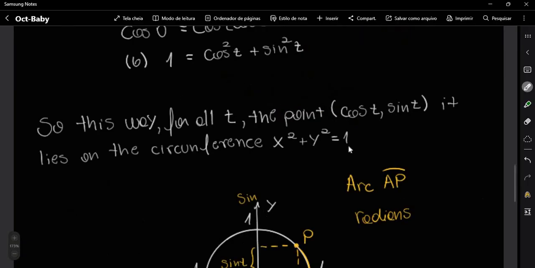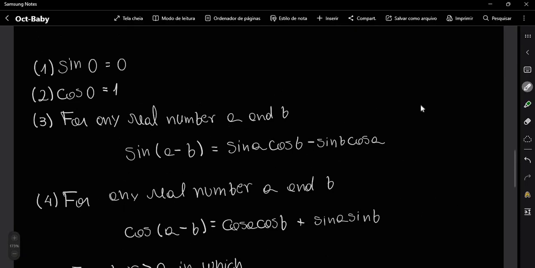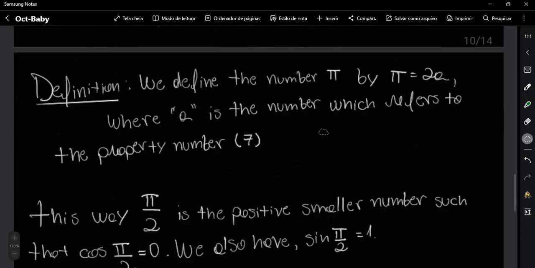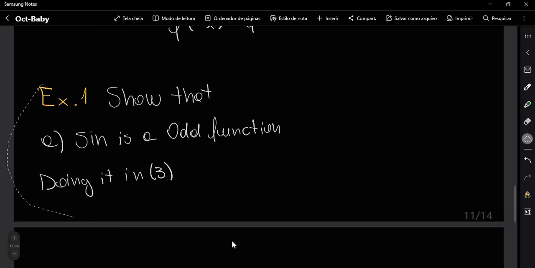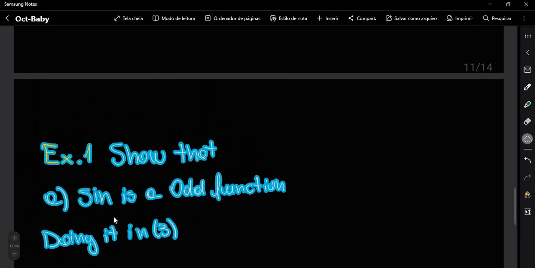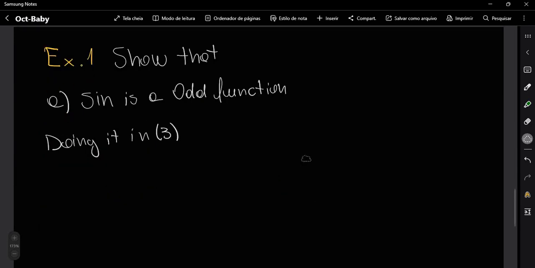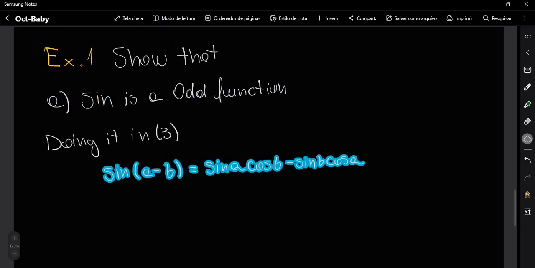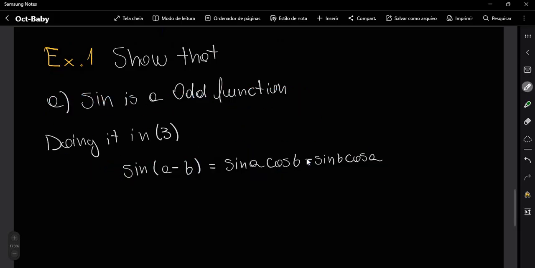So let's bring 3 right here. So doing in 3 that a is equal 0 and b is equal t.